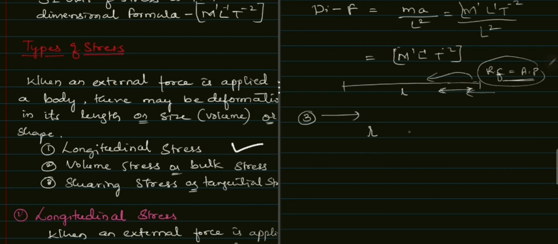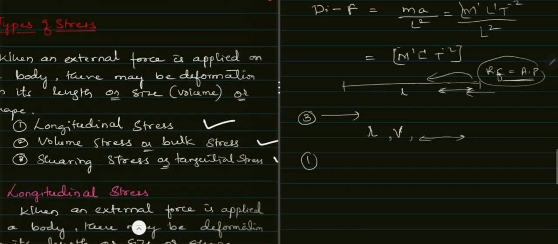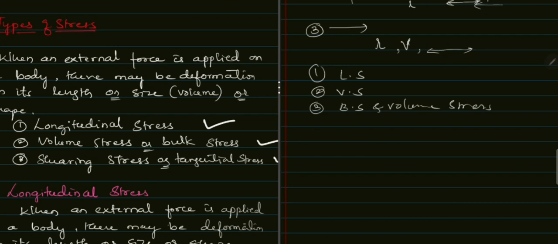It may be a change in the length, or a change in the volume, or a change in the displacement or relative displacement. So the first one is longitudinal stress, the second one is volume stress, and the third one is shear stress. Now we will see one by one.